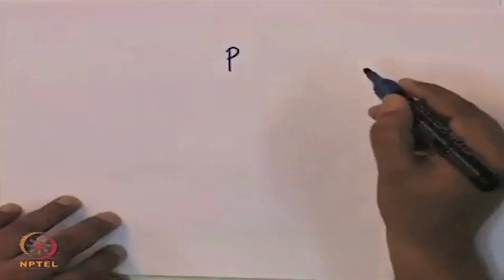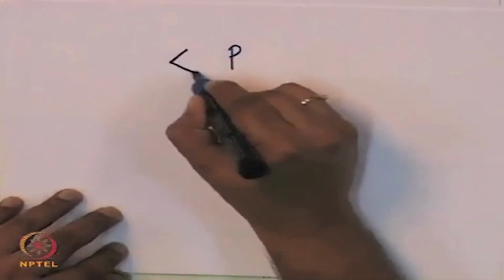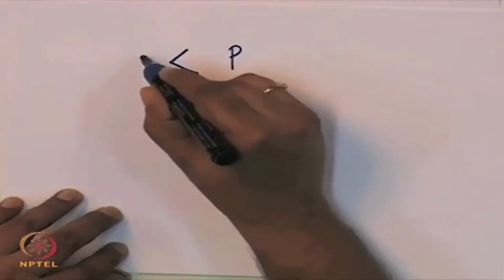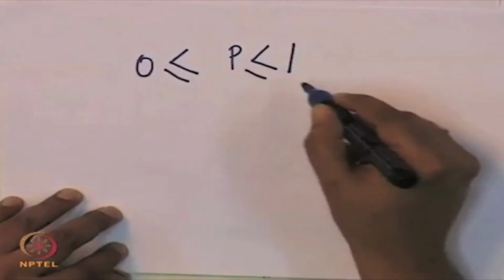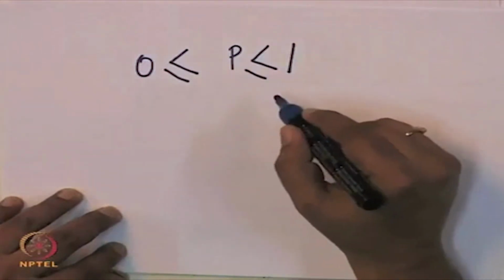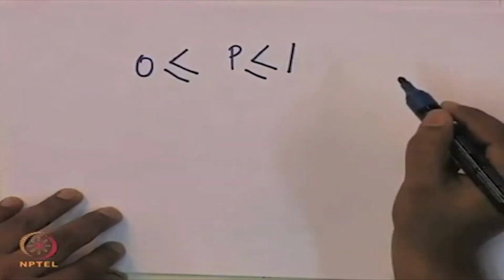So, let us understand only this much at this moment, and let us also understand that probability P is some number between 0 and 1. It can be 0, it can be 1, or anything in between.